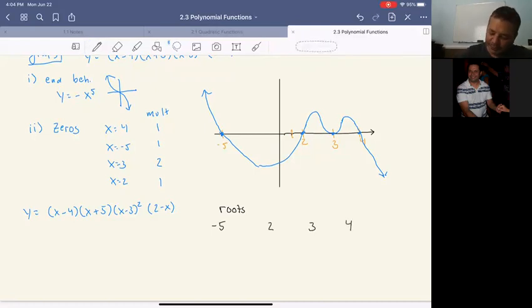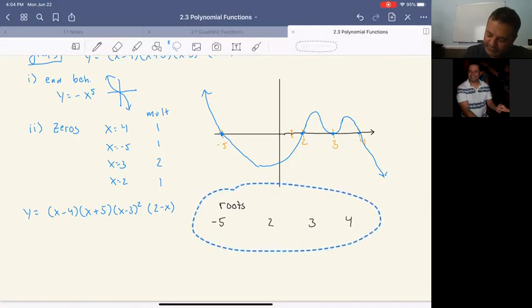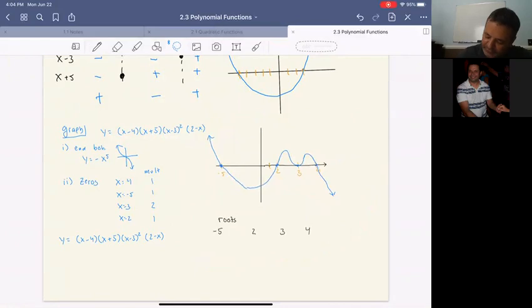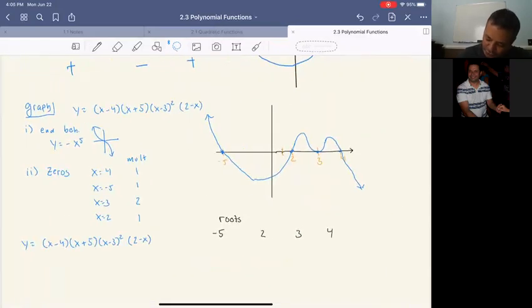Now, my factors are x minus 4, x plus 5, x minus 3 with a square on it, and 2 minus x.